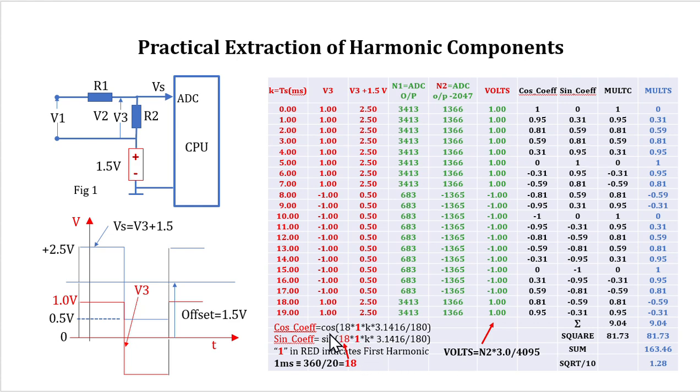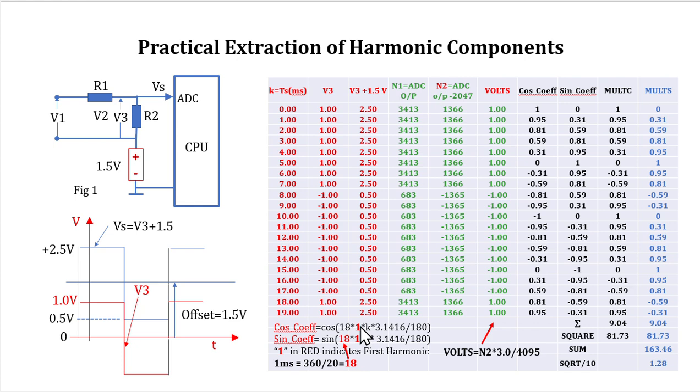Because here you can see you have written first coefficient as this, where k is equal to 0 we start with, then it is 1 means first harmonic or fundamental. If you change this 1 to 2, then your coefficients will change.